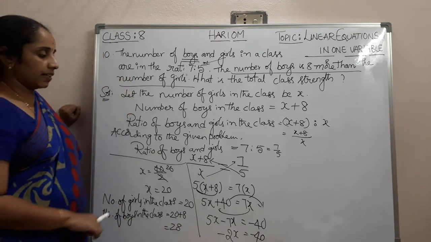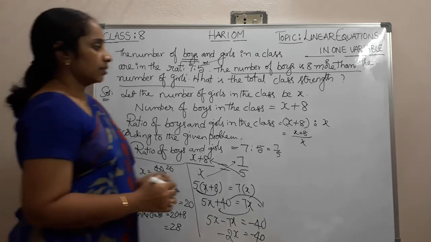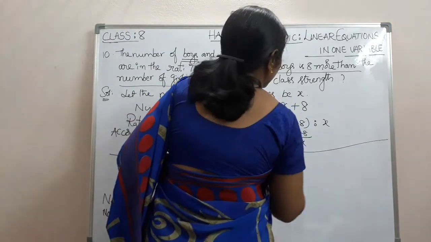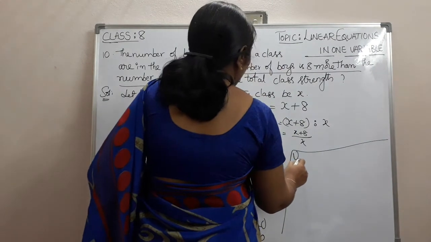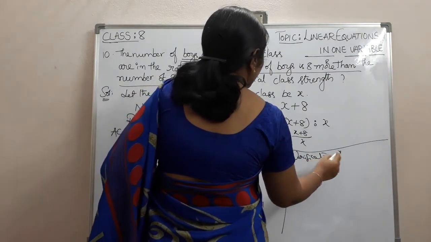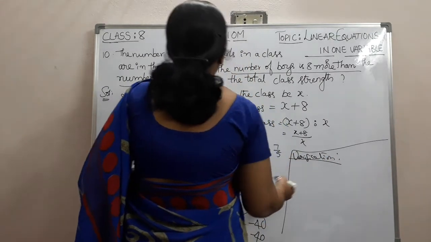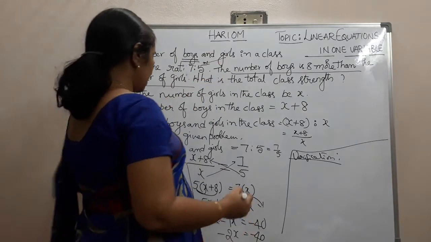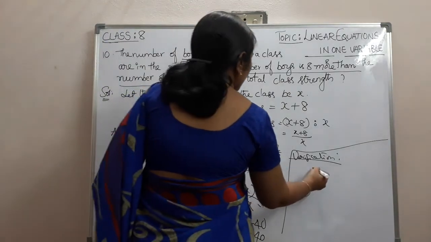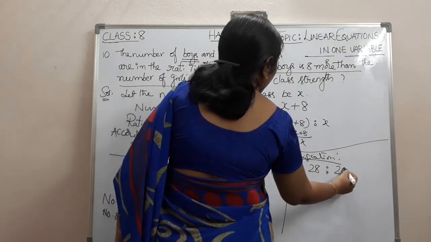Shall we check whether its ratio is 7:5 or not? So see that, just for verification purpose we are doing that. Boys number is 28, girls number is 20.